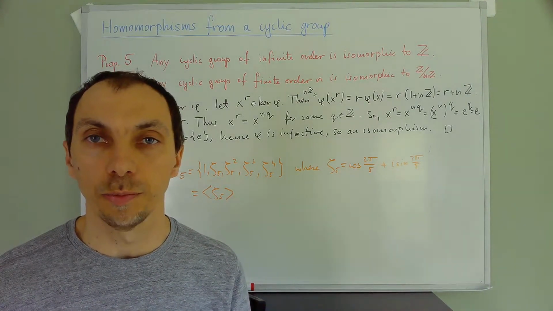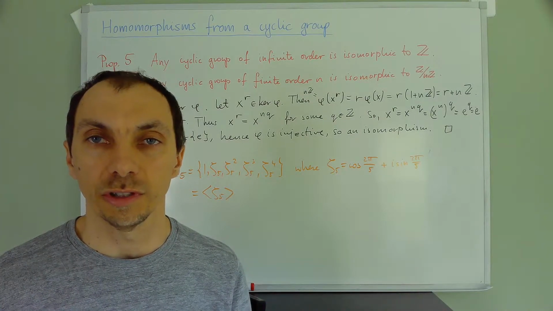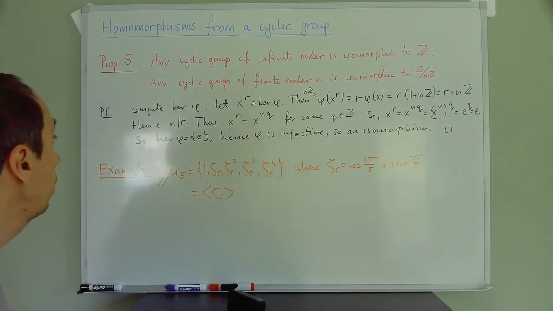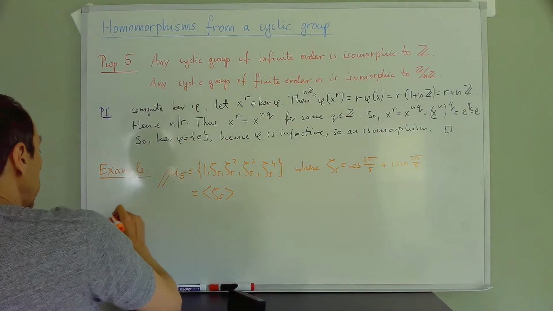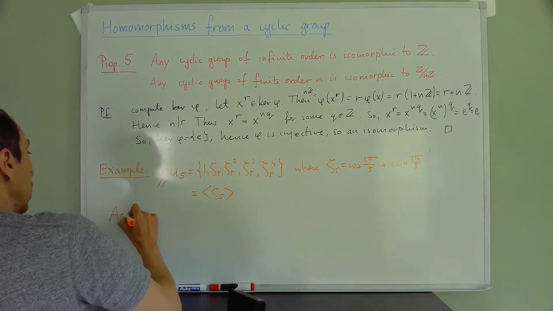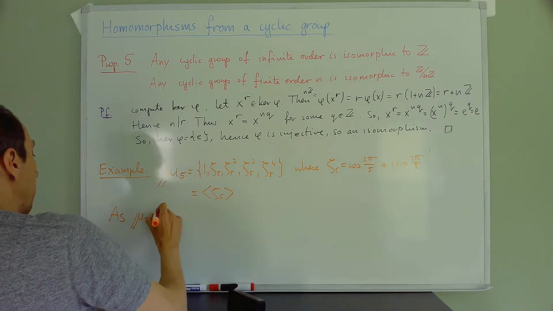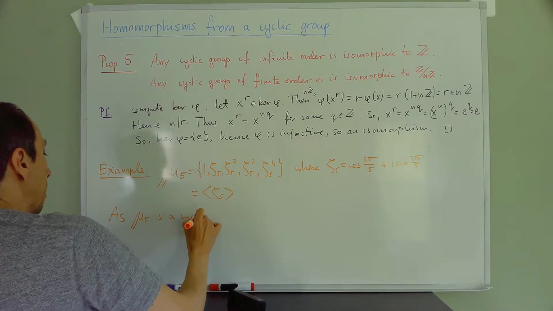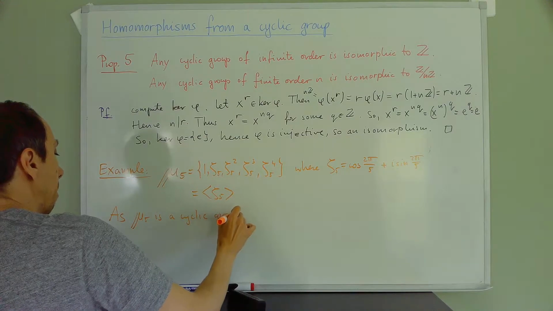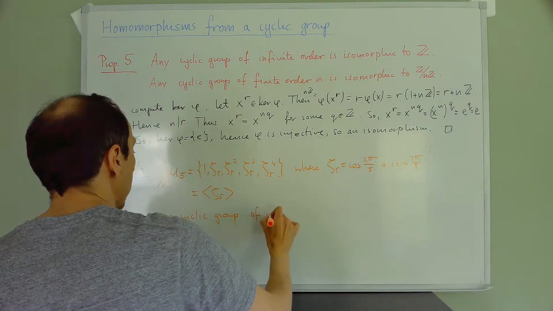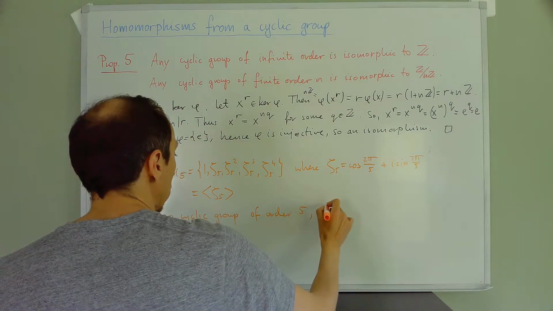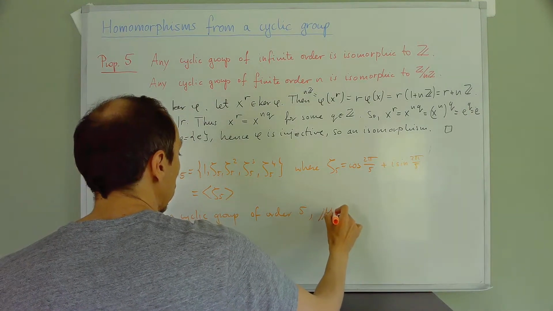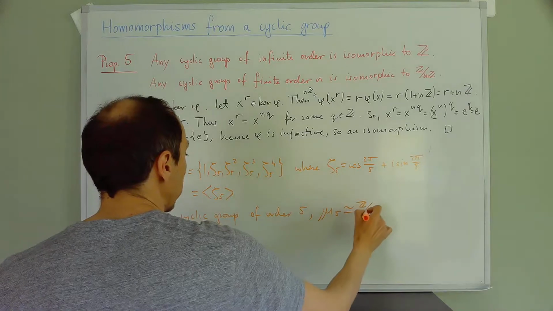It's a cyclic group. What's the order? The order is 5. What does the proposition then give me? It's a cyclic group of order 5, so it's isomorphic to Z mod 5Z. U5 is isomorphic to Z mod 5Z.